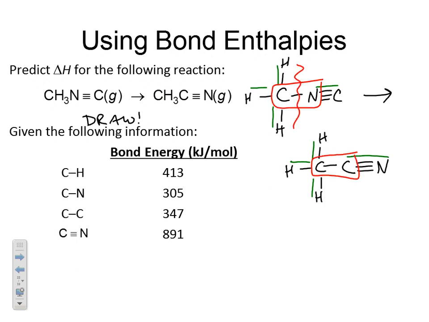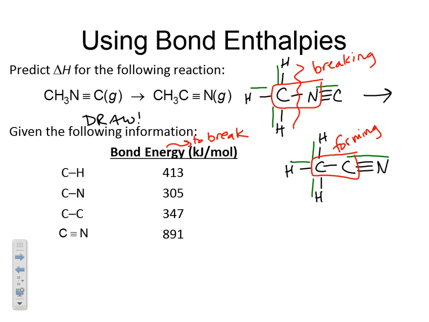So I'm breaking. I start off with a C to N single bond, but I don't end with a C to N single bond, so I'm clearly breaking a C to N single bond. Likewise, I end with a C to C single bond, but I didn't start with that, so therefore I'm forming this one. Now, looking at bond energy, this is the bond energy needed to break, right? That's what this is.